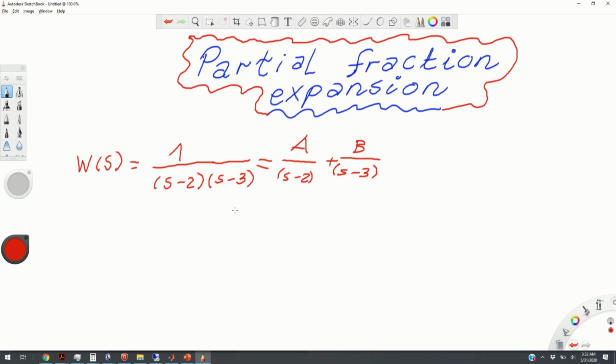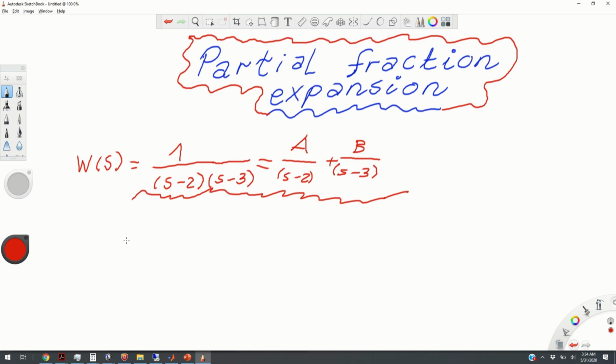So the basic problem is to find the constants A and B. This expansion is called a partial fraction expansion.